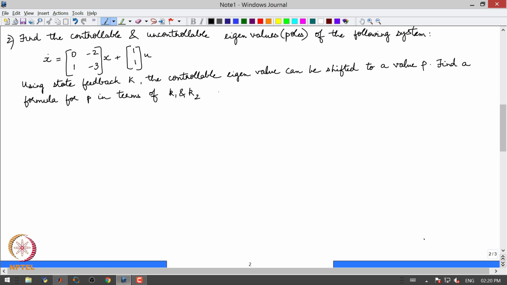These are the variables. So, K is k1, k2.